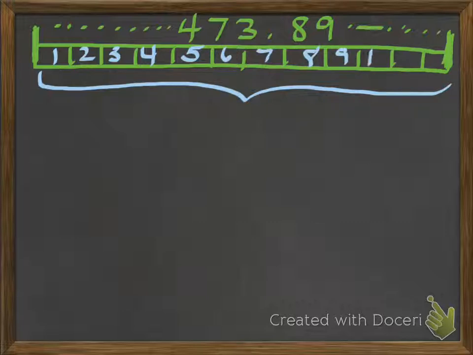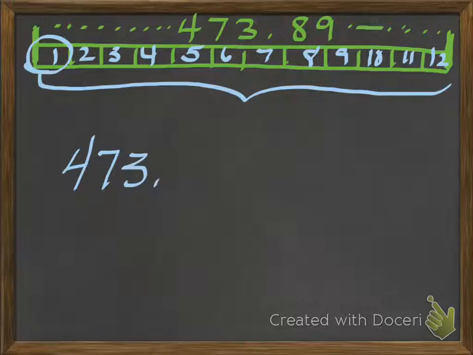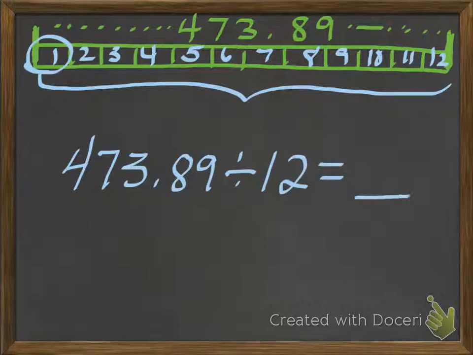Now, I need to know how much each of these sections is by itself. So for that, of course, I'm going to use division. If I were going to write the equation, it would look like this: 473.89 divided by 12 equals, and then we're trying to find out how much that would equal.